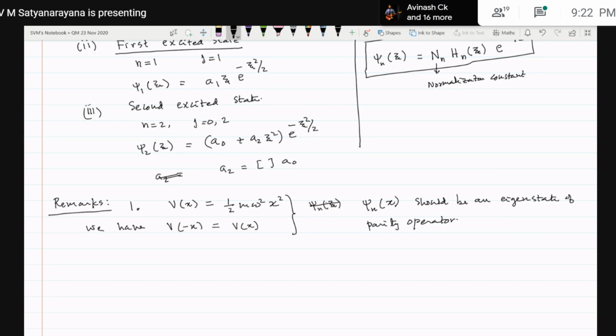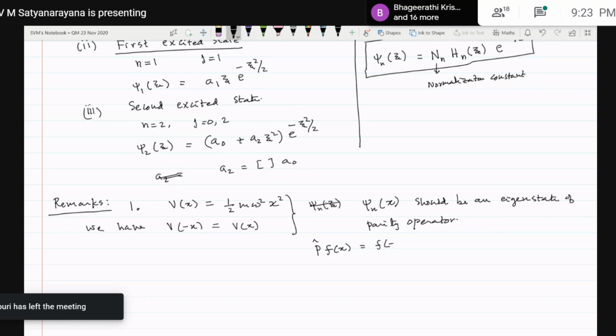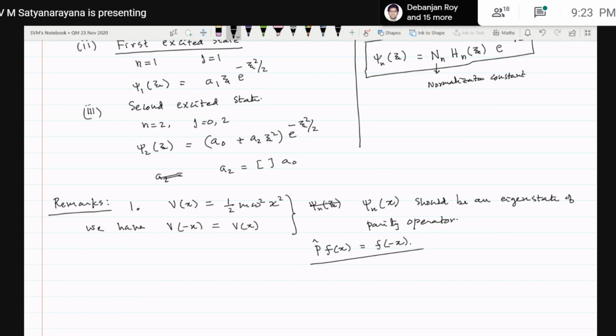So the parity operator, let's say P, defined on any function of x, gives f of minus x. This is the action of the parity operator on any function of x. Now you say that it is an eigenstate of the parity operator. That means your psi n of x should be either an even function or an odd function, because the parity operator has only +1 and -1 as the eigenvalues.